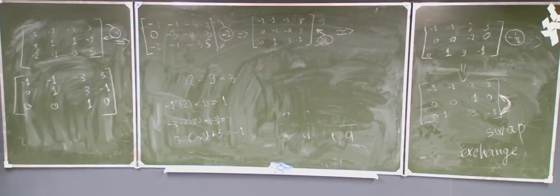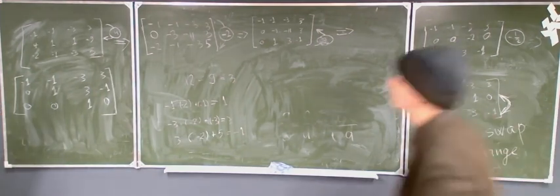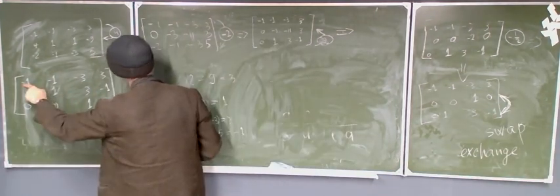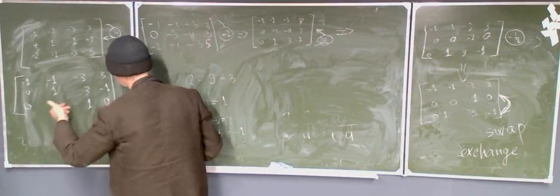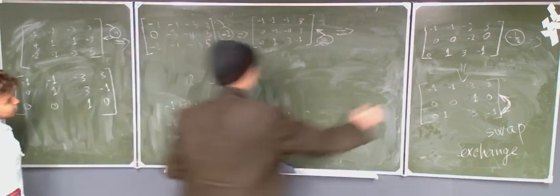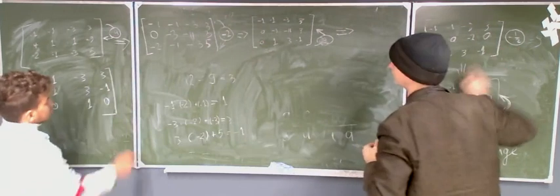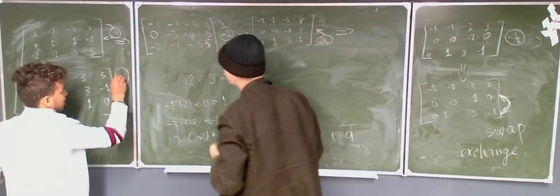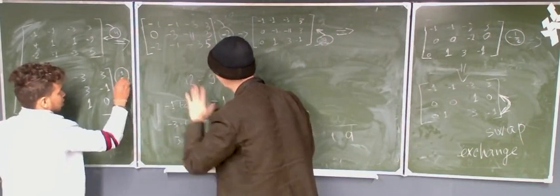Yes, correct. Good. We have one, and minus one. Let's make this minus one converted to one. Therefore, write the circle like here, and write minus one. No, not over two.